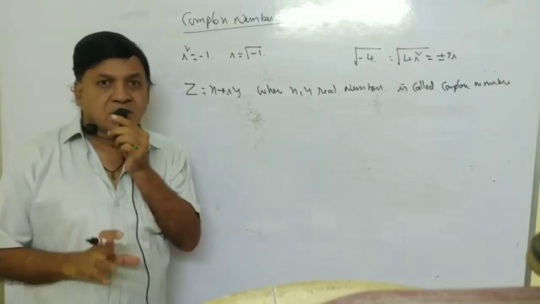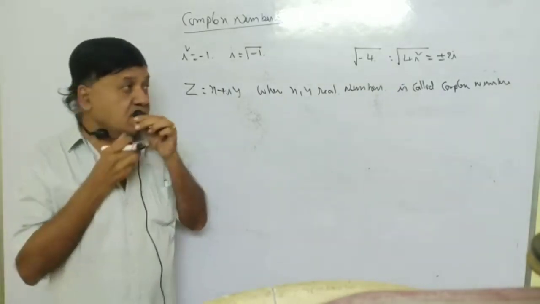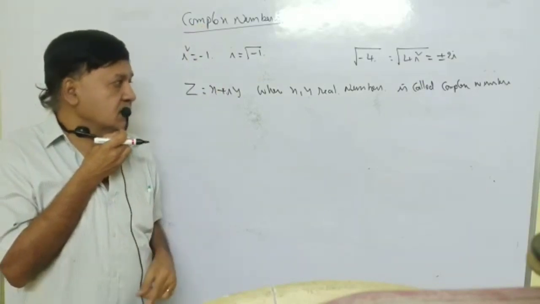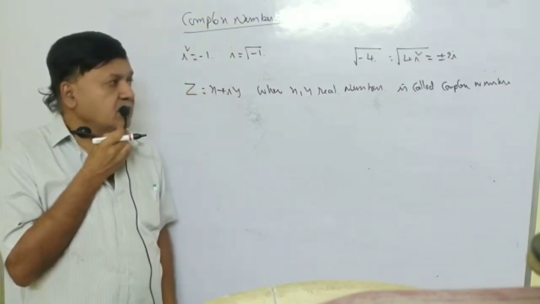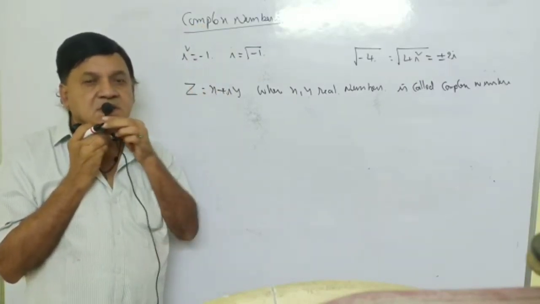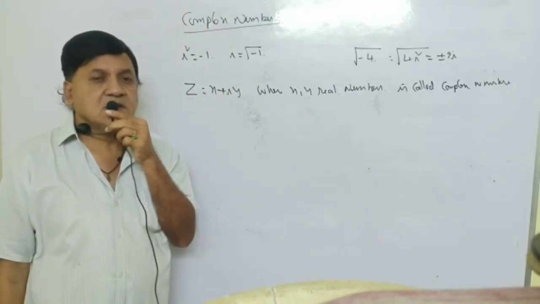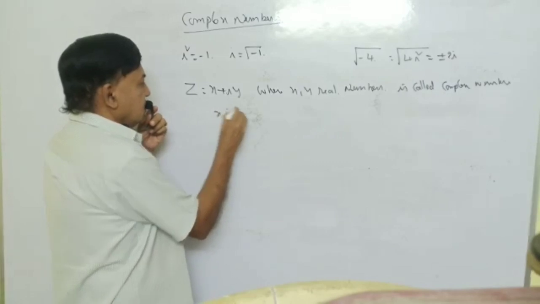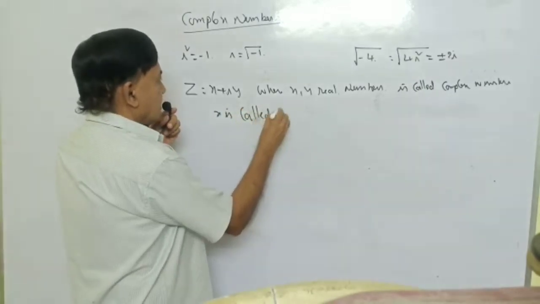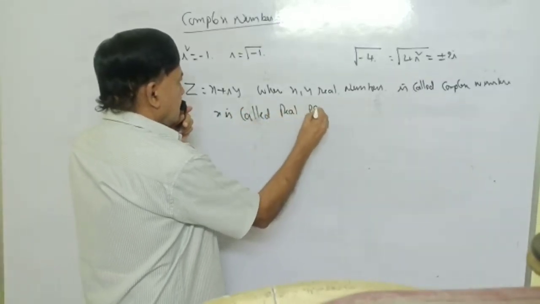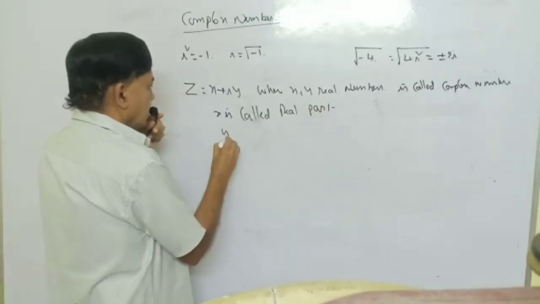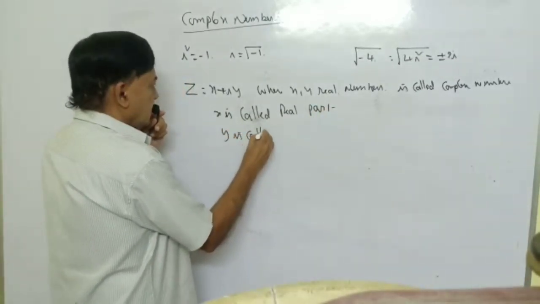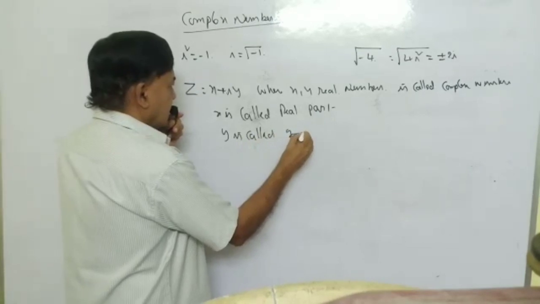So what is a complex number? It will be in the form of x plus iy, where i square is equal to minus 1, and x and y happen to be real numbers. Such type of numbers are called complex numbers. x is called the real part, y is called the imaginary part.